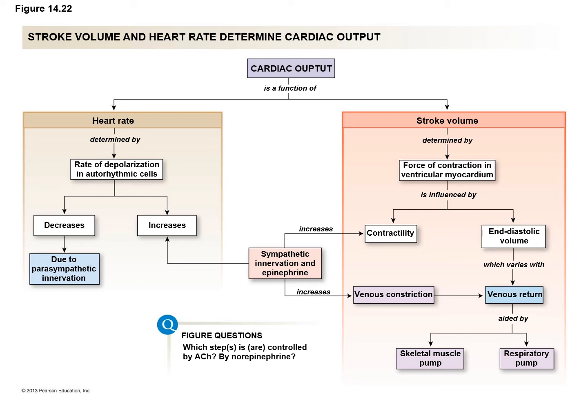Sympathetic innervation also is going to have an effect on venous constriction, which increases rate of venous return. This, of course, affects end diastolic volume. Venous return is aided by the skeletal muscle pump, respiratory pump, and then the venous constriction that we already talked about. So these overall factors are all going to contribute to the cardiac output.